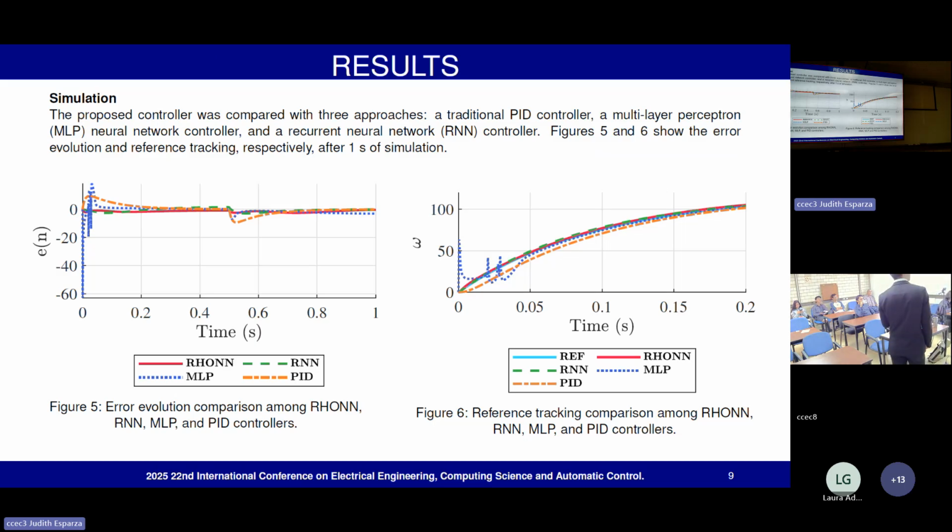As you can see on the left side of the screen, we have the error evolution between all approaches. The recurrent high order neural network is the one that outperforms all of the approaches. In figure 6, we have a 0.2 window showing the reference tracking comparisons between all the approaches.